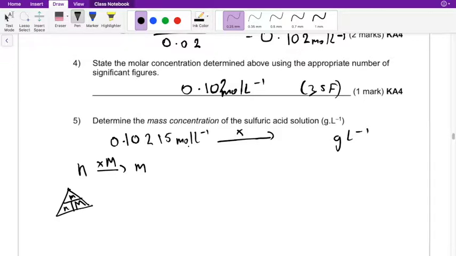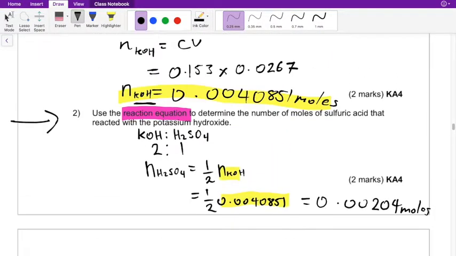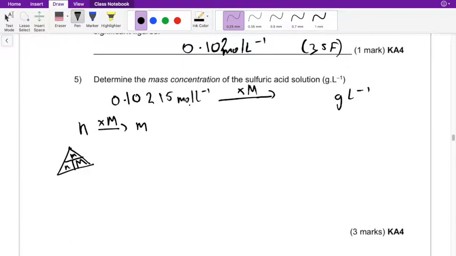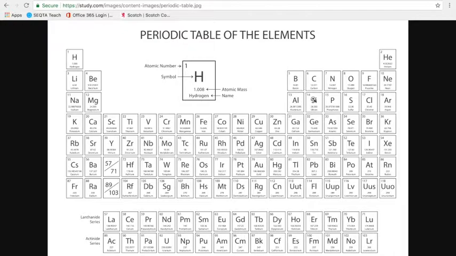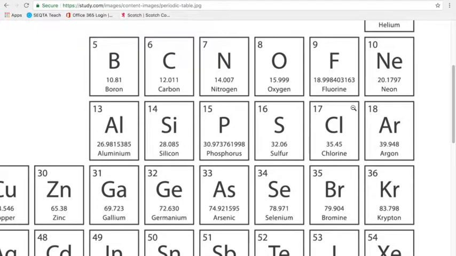So we'll times by the molar mass. The molar mass of sulfuric acid is going to be, so let's just write this out, 0.10215. The molar mass of sulfuric acid is going to be 2 times 1.008, as that's hydrogen, plus the molar mass of sulfur, which if we just check that, I just need to find it, is 32.06.